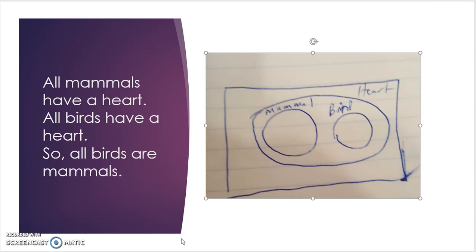On the other hand, what you really should be doing is drawing all possible diagrams in which the premises are true, and you say, in each and every one of those, the conclusion is true. I didn't have an example of that, but if that were the case, I would say, yeah, it's a valid argument.